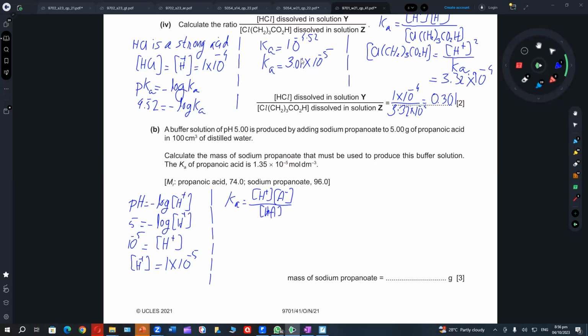But as Ka is already given, we can directly use it. Now we have the value of Ka, and we have the value of H plus now. So either we go for the same logic, 1:1 ratio and square H plus.